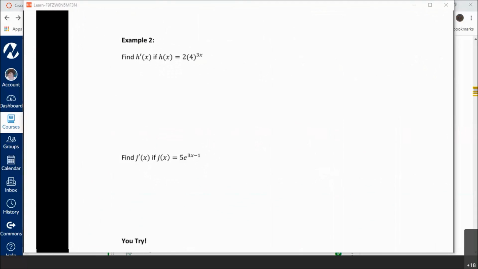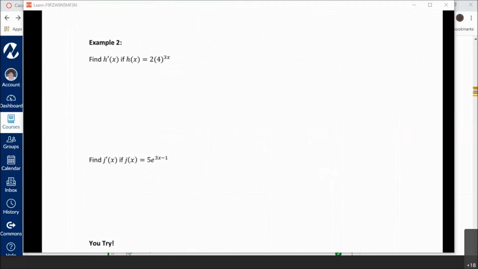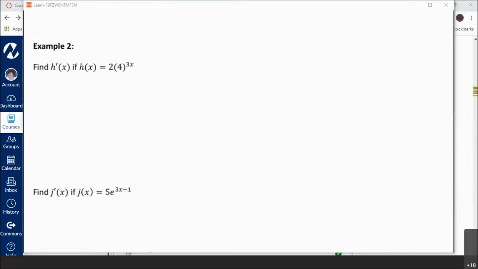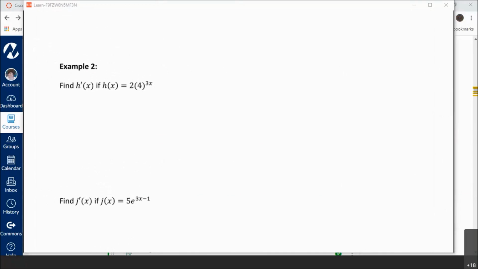All right, let's take a look at this. Here in h, I have a linear function inside an exponential. I'm recognizing this is not a product. The 2 out in front is just a coefficient, so all I'm going to do with the 2 is pull it through.